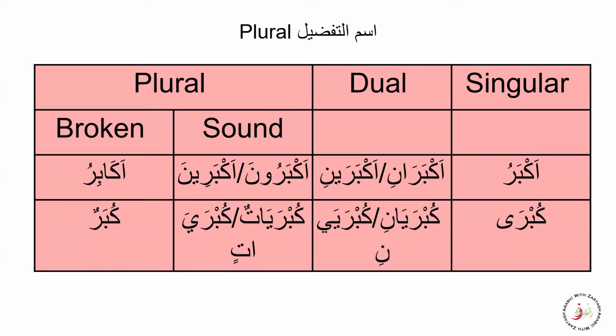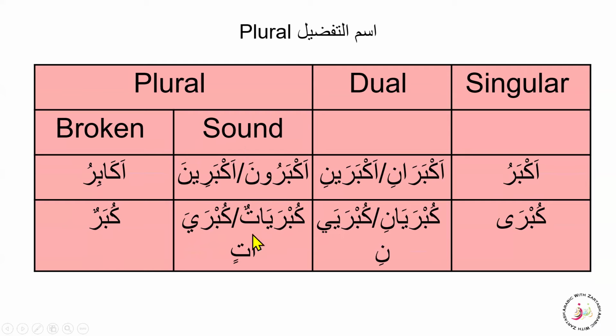You can apply this to our default word akbaru. We can see here akbarani, akbaraini, akbaraini. Then sound is akbaruna, akbarina, akbarina. Then we have the broken akabiru. The feminine version is kubra. We can have the dual form kubrayani, kubrayaini, kubrayaini.